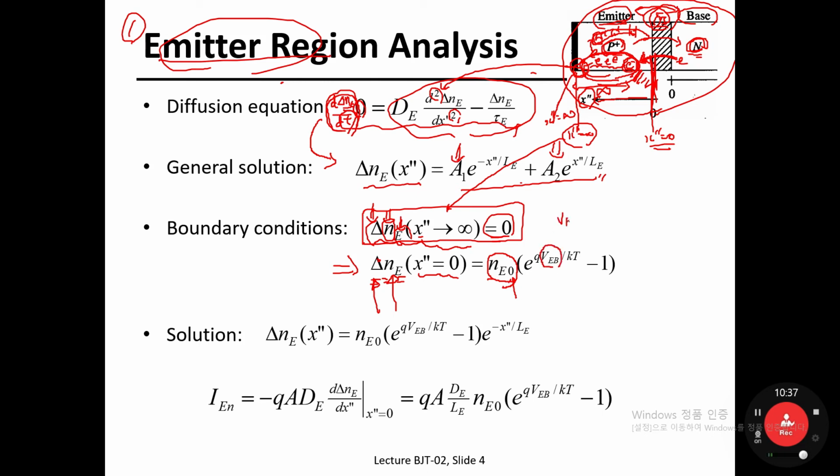In p-n junction diode theory, that was denoted as V sub A, the applied voltage between P and N. But since now we are talking about the emitter and base, the voltage difference between emitter and base is denoted as V sub EB, which is VE minus VB. So instead of VA, I have used V sub EB. That's the only difference.